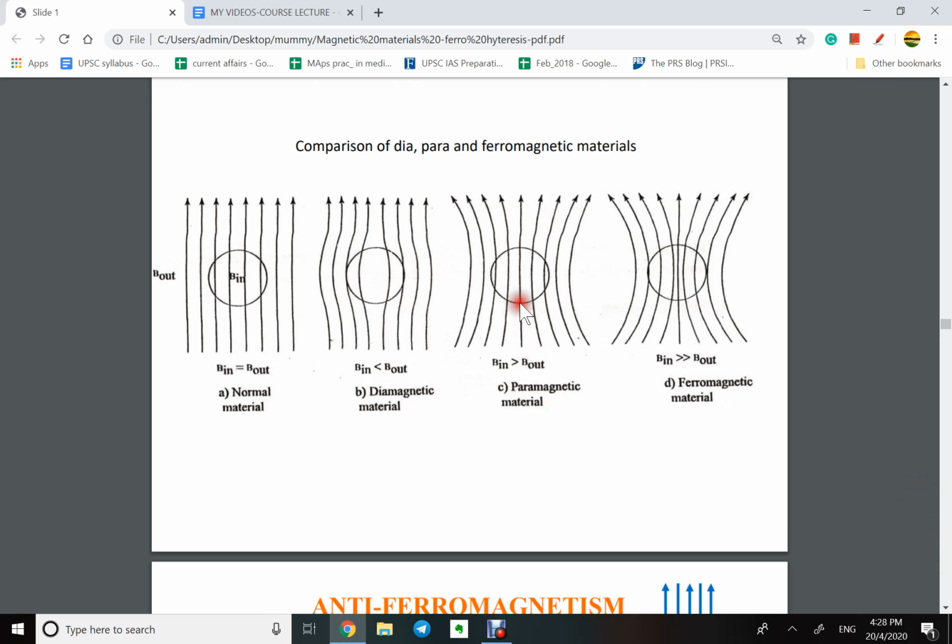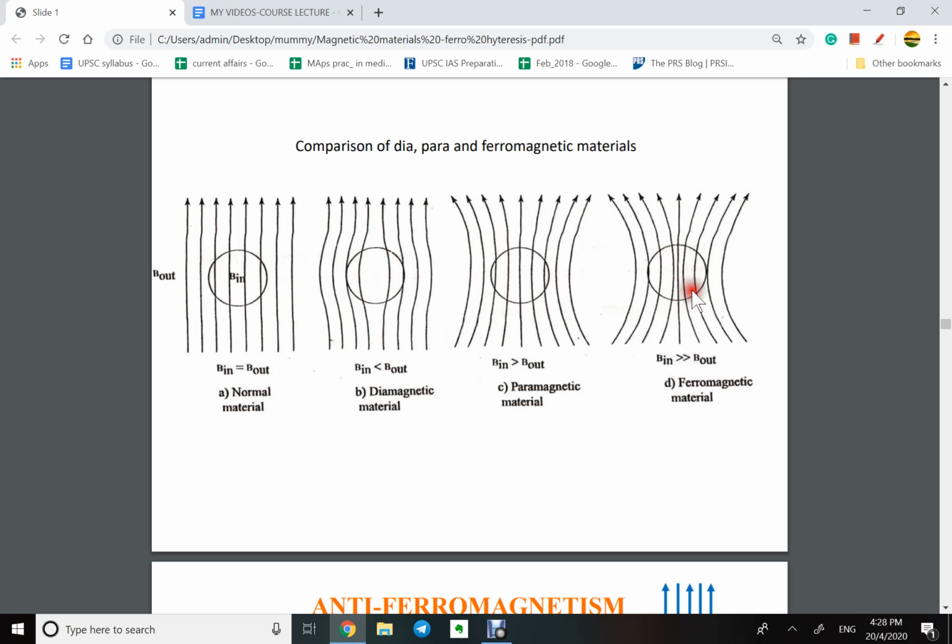In paramagnetic materials, magnetic lines of force are included to some extent because its susceptibility is low and positive, whereas in diamagnetism, its susceptibility is low and negative. Negative susceptibility, so magnetic lines of force are pushed outside, that is repelled outside.